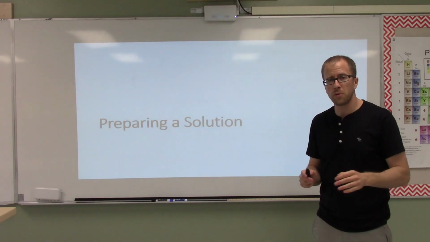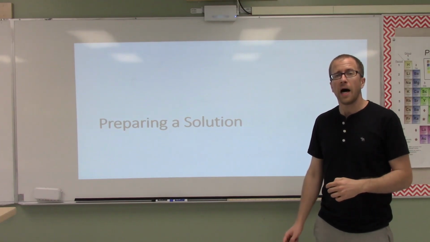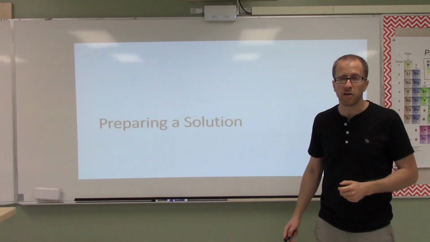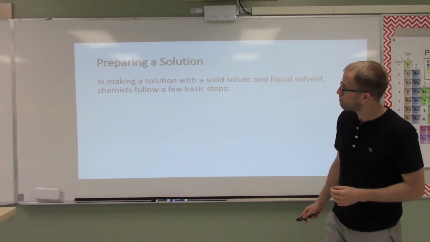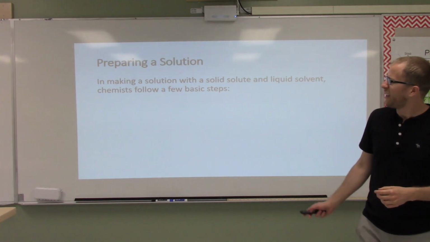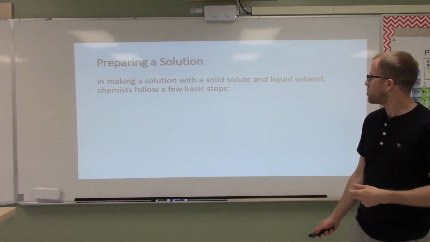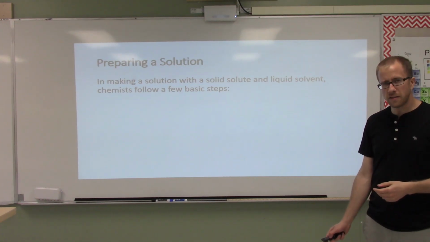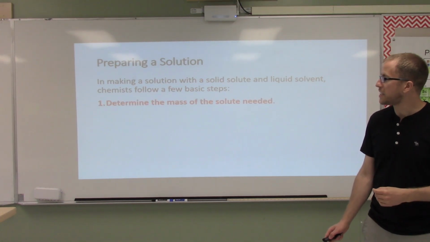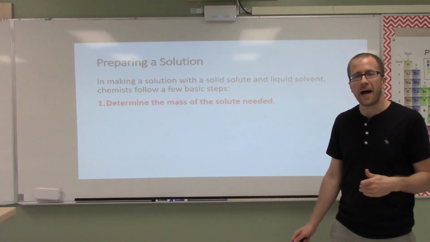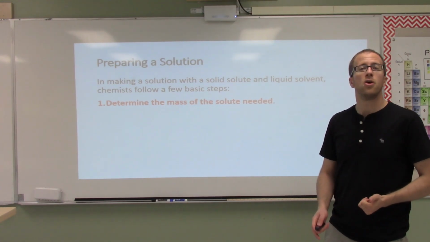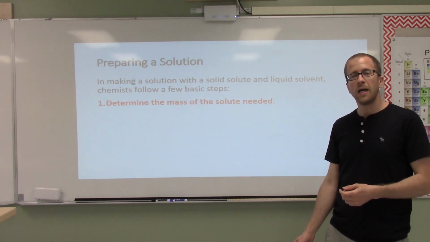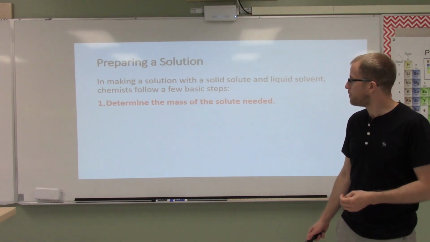Okay, let's go through those steps one more time, and let's explore this using a little bit of mathematics as well. So, in making a solution with a solid solute and a liquid solvent, we follow those basic steps I laid out. We determine the mass of solute needed. It was 29.22 grams of sodium chloride.